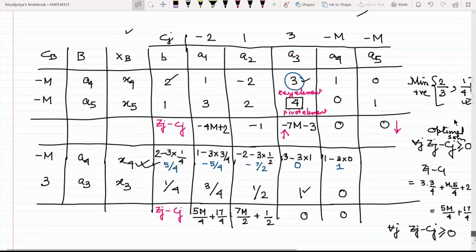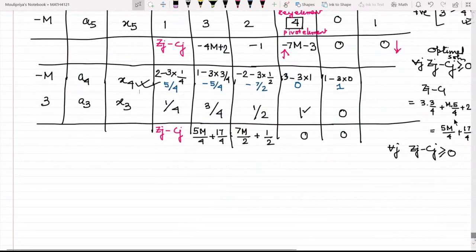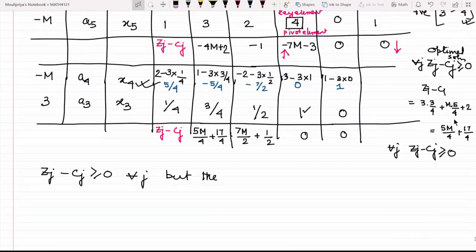What we find is Zj minus Cj is greater than equal to 0 for all j, but the artificial vector A4 appears in the basis.